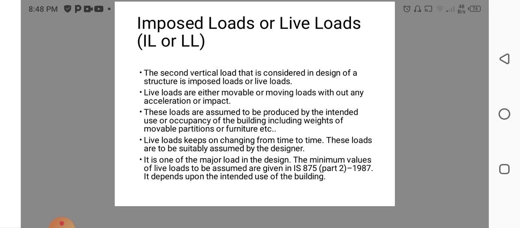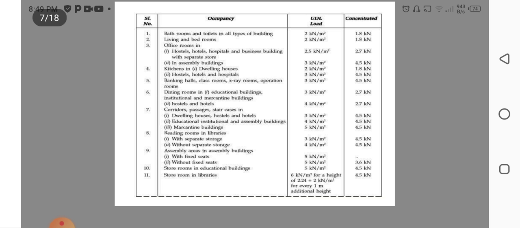Minimum values of live loads to be assumed are given in IS 875 part 2. It depends upon the intended use of the building. Here you can see some of the live loads given. For bathroom and toilet it is taken as 2 kN per meter square. For living room it is taken as 2 kN per meter square.